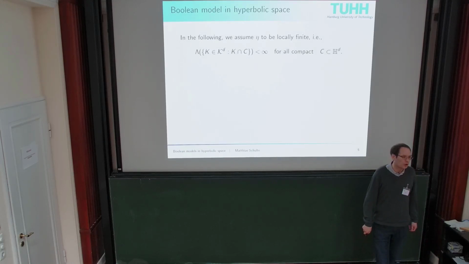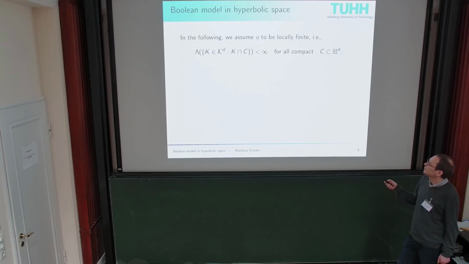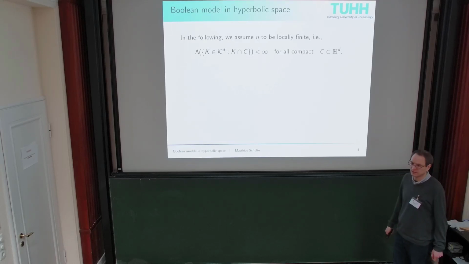There's one more technical assumption which we need, namely we have to assume that our underlying Poisson process is locally finite, and this just means that for every compact subset C of our hyperbolic space, the expected number of particles hitting C is finite.